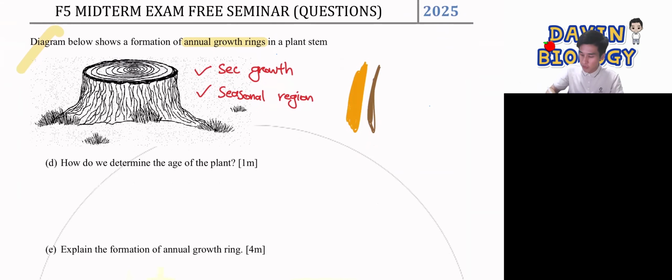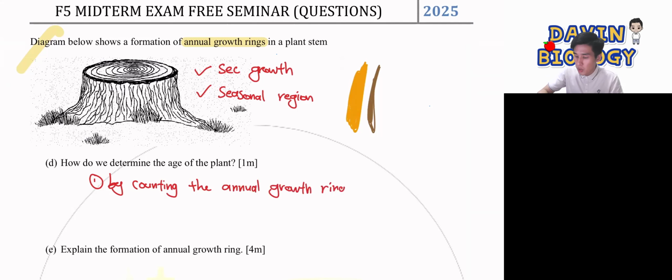How to determine the age of the plant? You can say that is by counting, as the question already says, the annual growth rings. But let me tell you how do we count them. Like I said just now already, whereby every big and small represents one growth year.